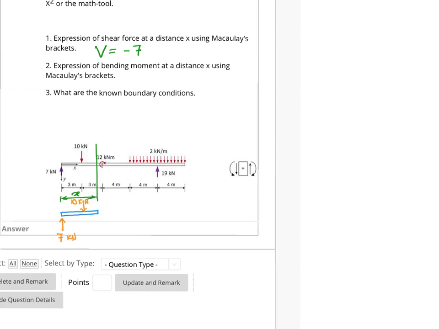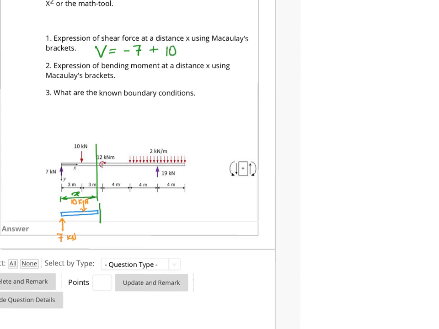The 7 kilonewton is represented in the expression already. Now 10 kilonewton is going downward, so according to this convention that's a positive shear, so we'll write it as 10 kilonewton.